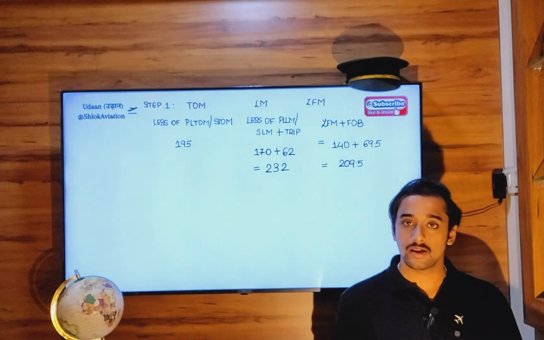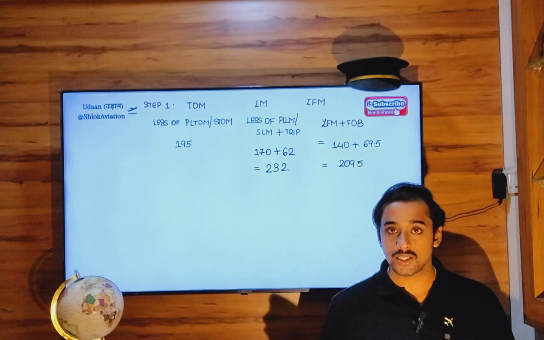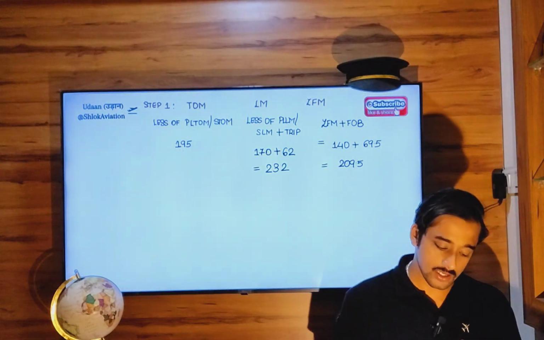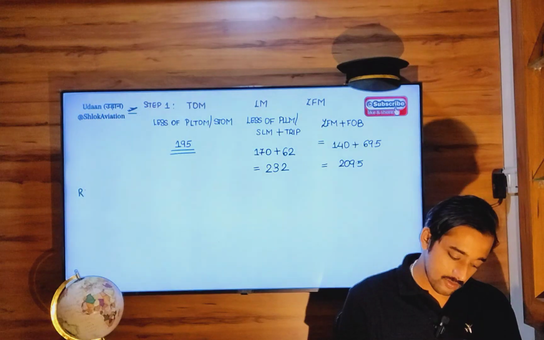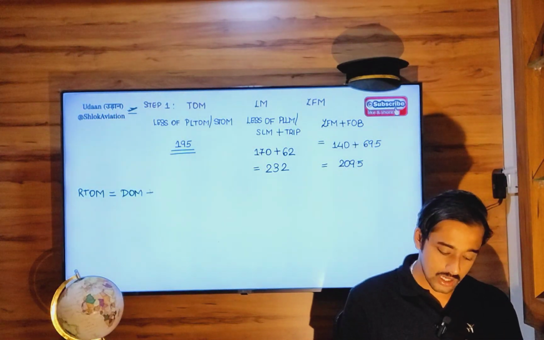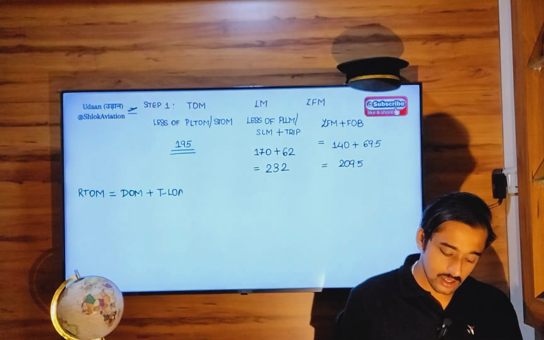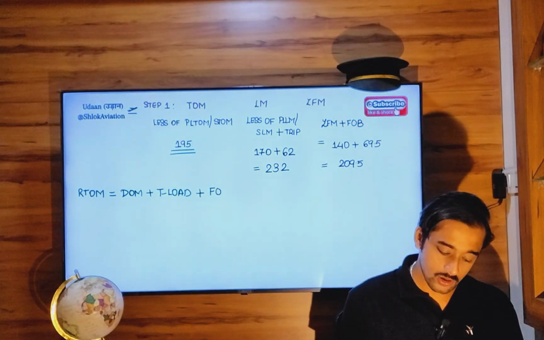209.5, right? Now out of these three values, the value which is least becomes the regulated takeoff mass, and that value is 195. So regulated takeoff mass equals dry operating mass plus traffic load plus fuel on board.